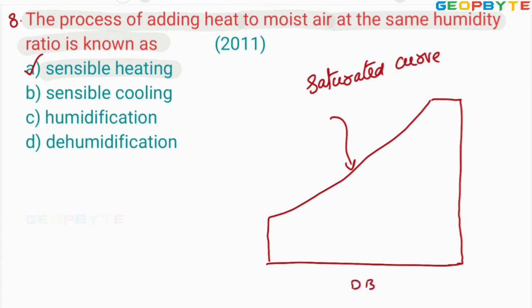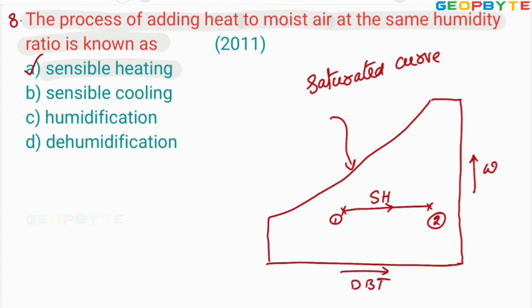Dry bulb temperature on the x coordinate and the specific humidity, also called humidity ratio, on the y coordinate. The sensible heating is represented like this. This is the representation of sensible heating. 1 to 2 is the sensible heating process.